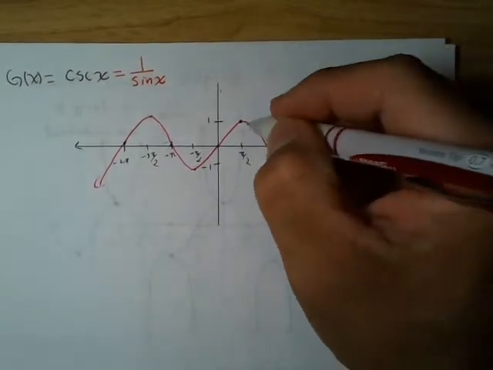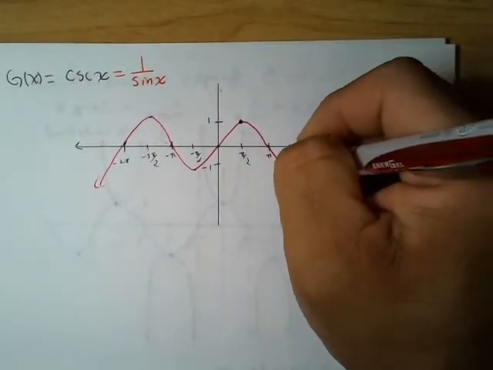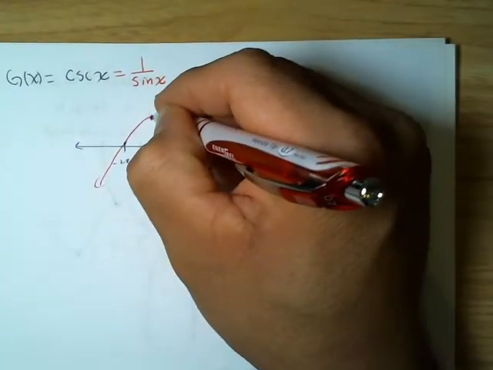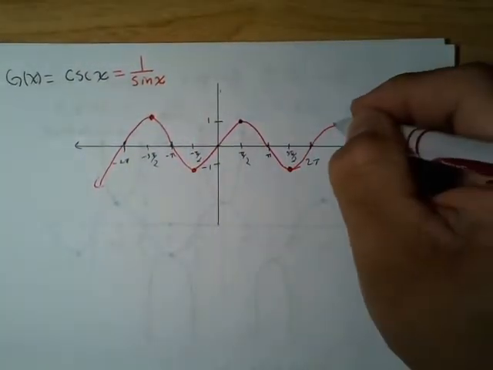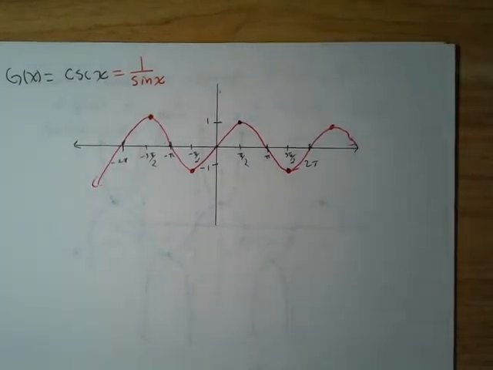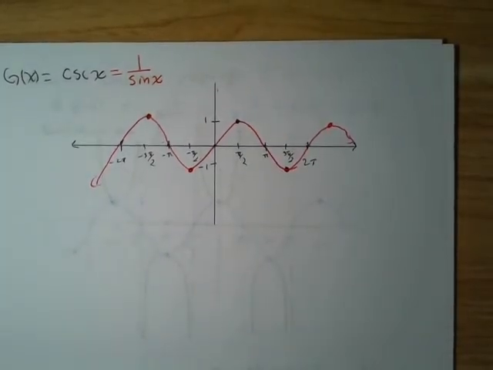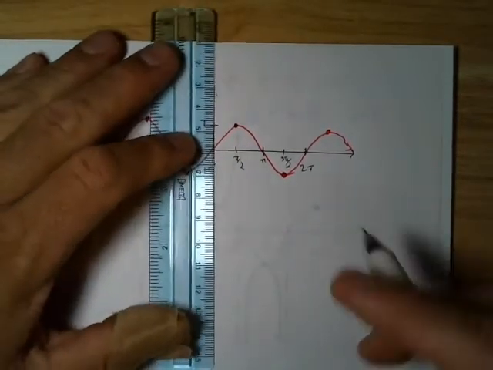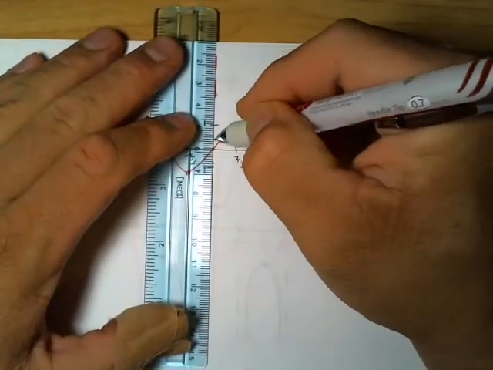And similar as before, using the reciprocal, these points where it reaches its maximum and its minimum are going to have in common between the cosecant x and the sine of x. And same as before, wherever it crosses the x-axis, we're going to have asymptotes.